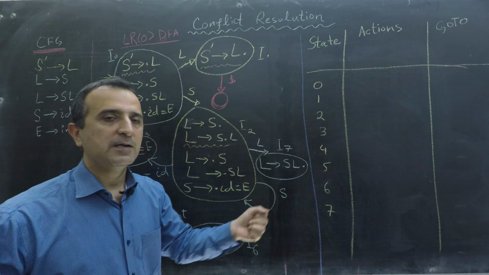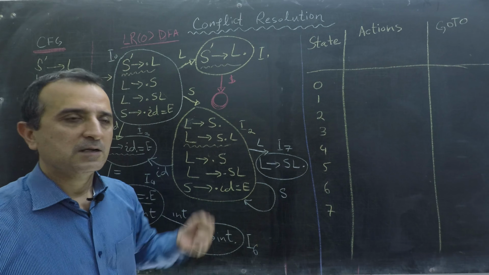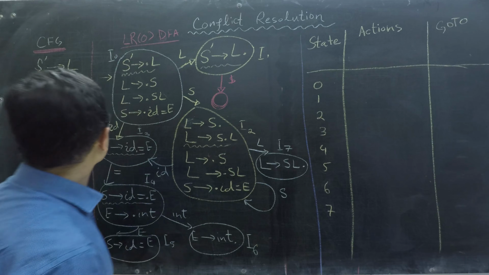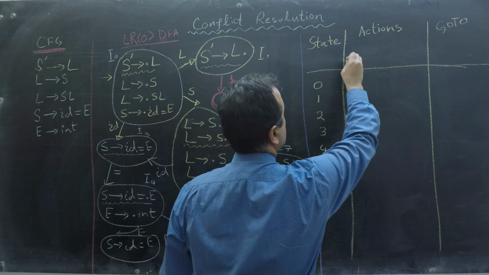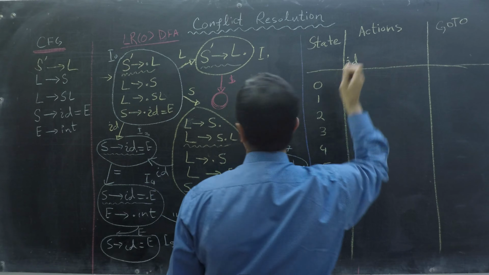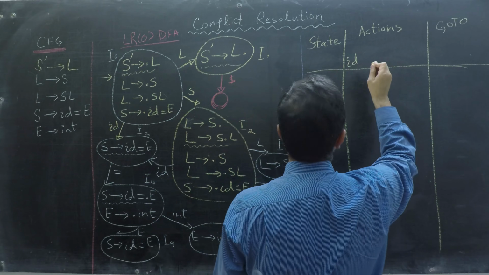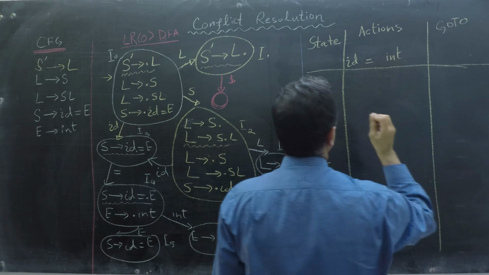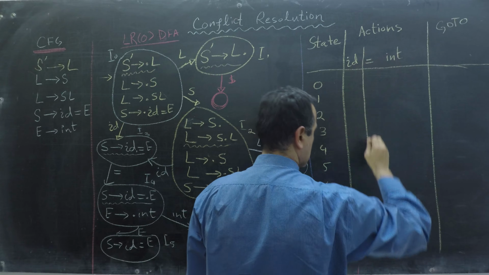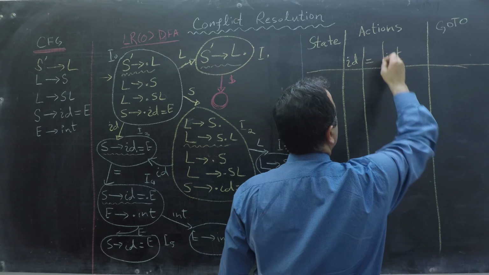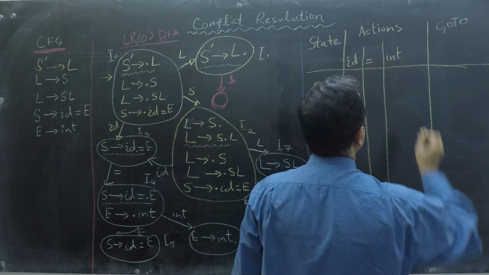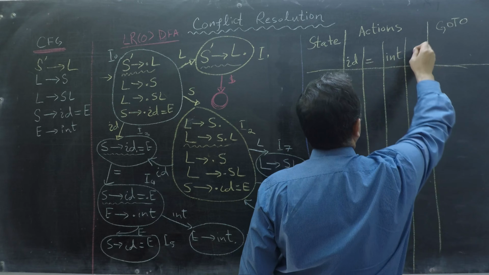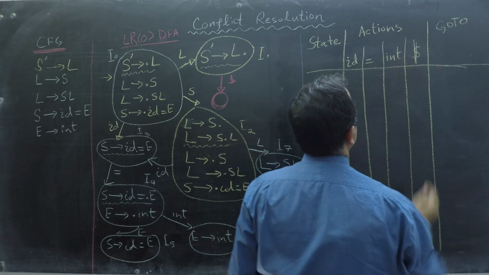The action part is related to the terminals of my grammar. So my grammar has ID, equals to and integer, the 3 terminals. However, I also have to write end of the input marker $ sign in the action part.